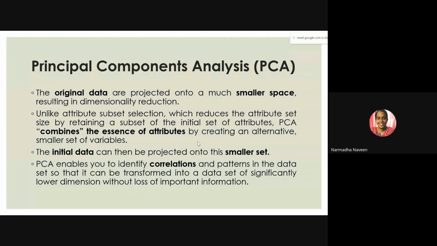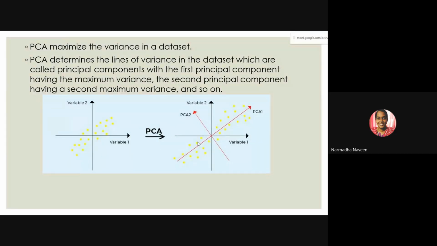Unlike attribute subset selection, which reduces the attributes by retaining a subset of the original attributes, this is an alternate technique where the initial data can be projected into a smaller set.